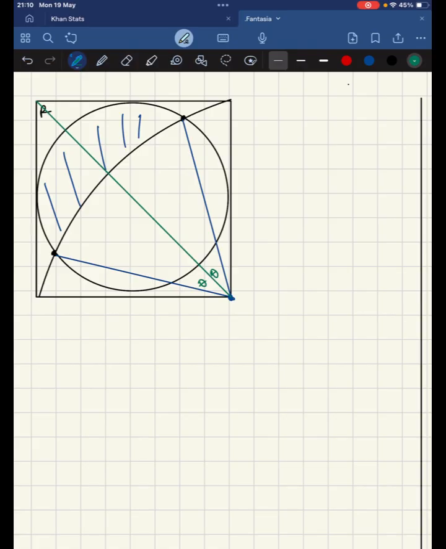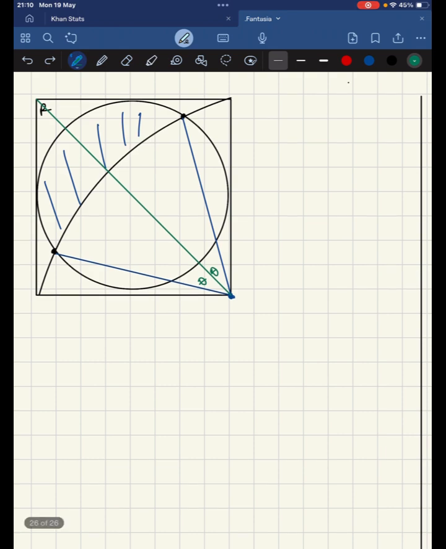Because it's split by the diagonal. From here to there is the same. From there to there is the same. But we're not interested in that for now. Instead, we'll look for this angle here and that angle there, right? So those are the same.